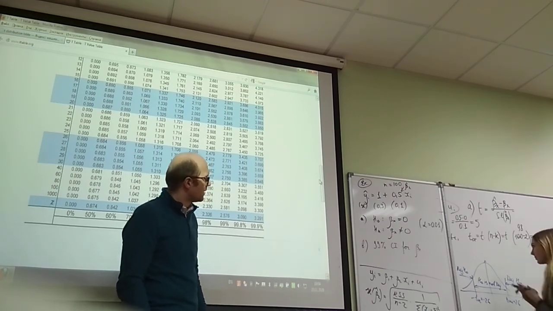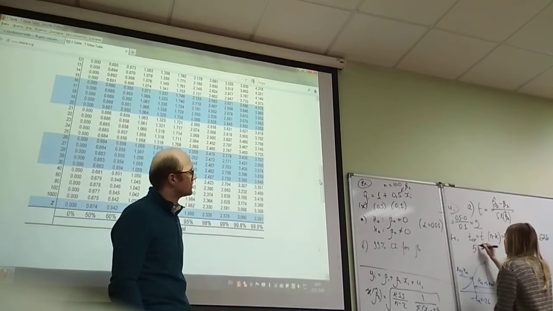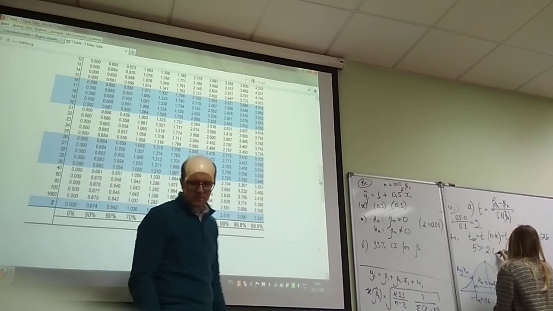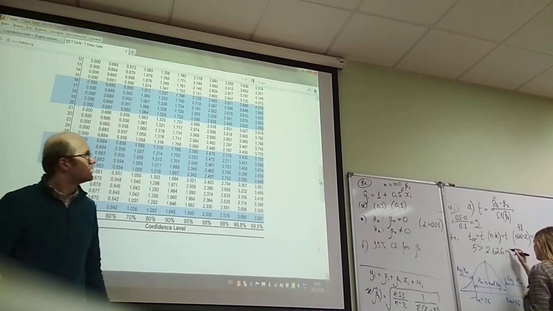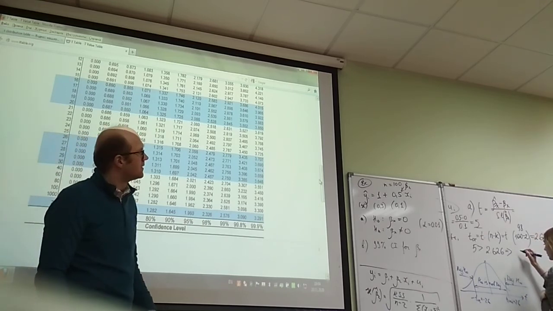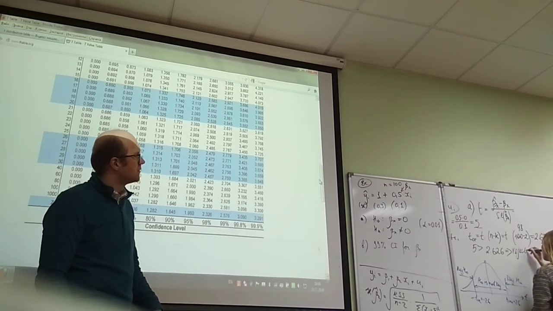And in our case, it is 5. Yes, 5 is higher than 2.6, so we're in the rejection region. Reject H0. That's fine.